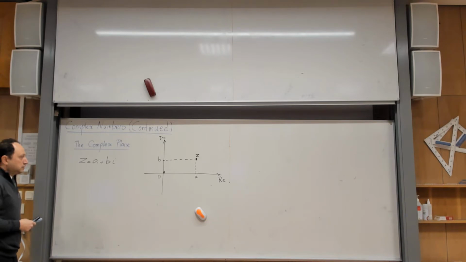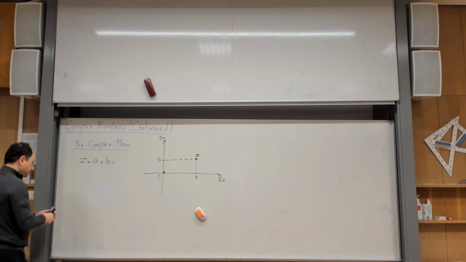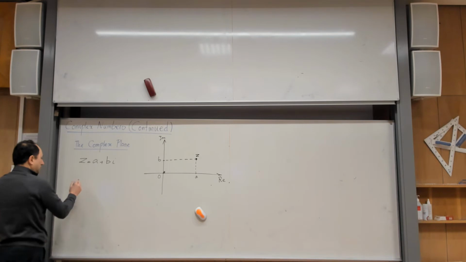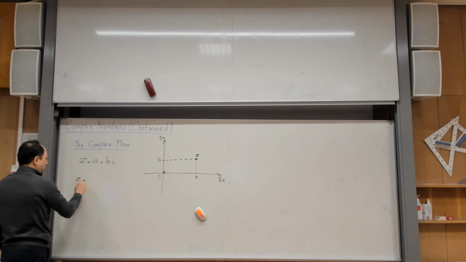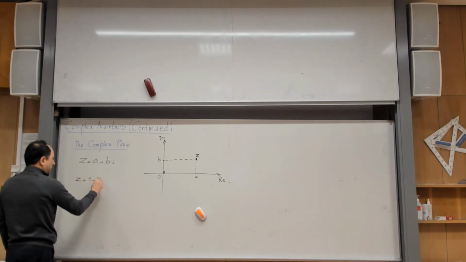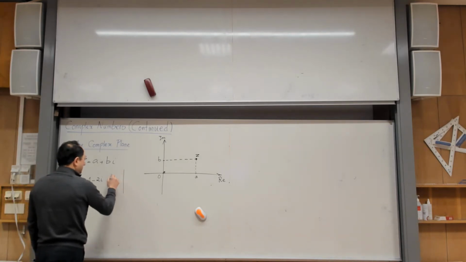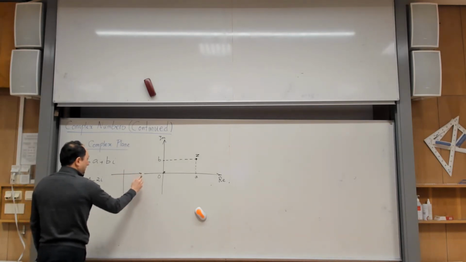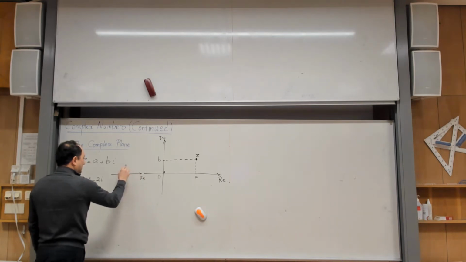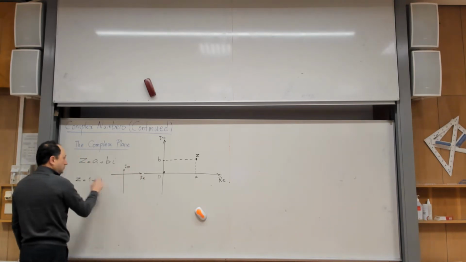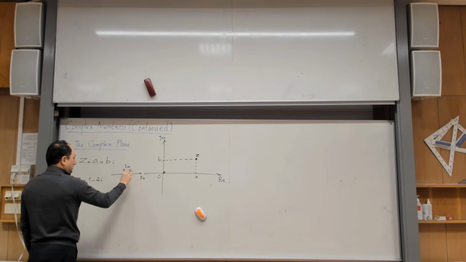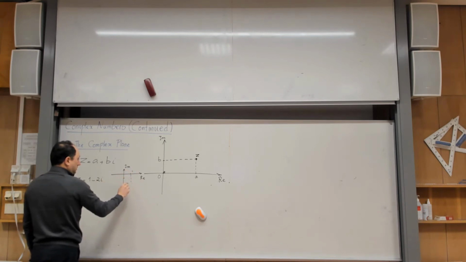So for example, if I ask you to represent the point 1 minus 2i, what you're supposed to do is take the real axis and the imaginary axis. The real part is 1, the imaginary part is negative 2, and then you get this point.